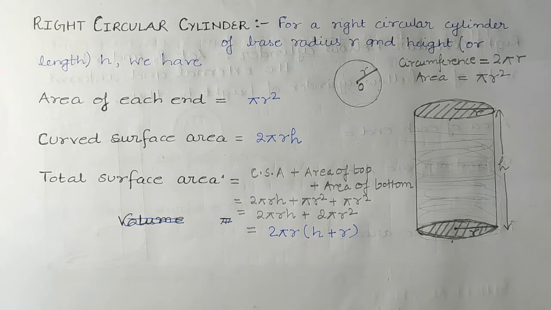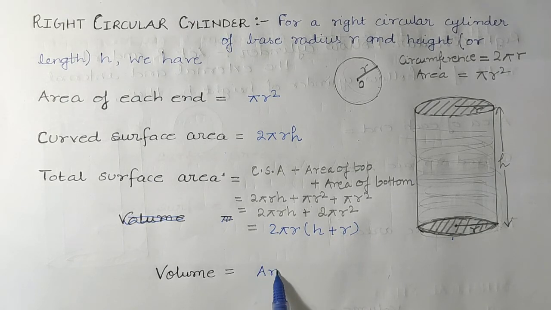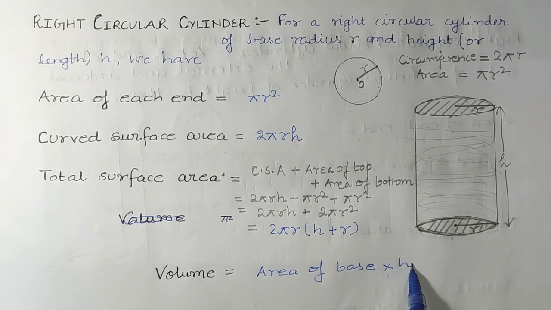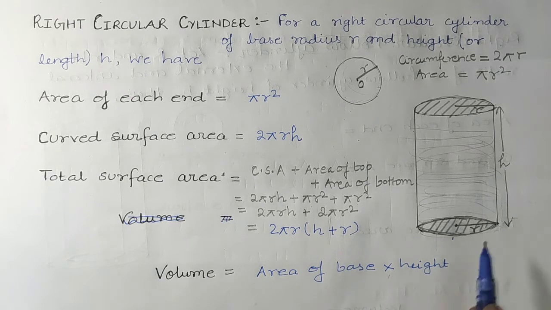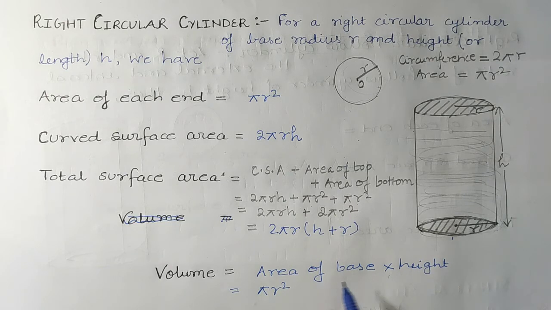Now let us talk about its volume. We can find volume by applying the formula area of base into height. What was the area of base? It is in circular form, so it is pi r square, and the height is h, because this area is raised up to height h, so we just multiply it by h.